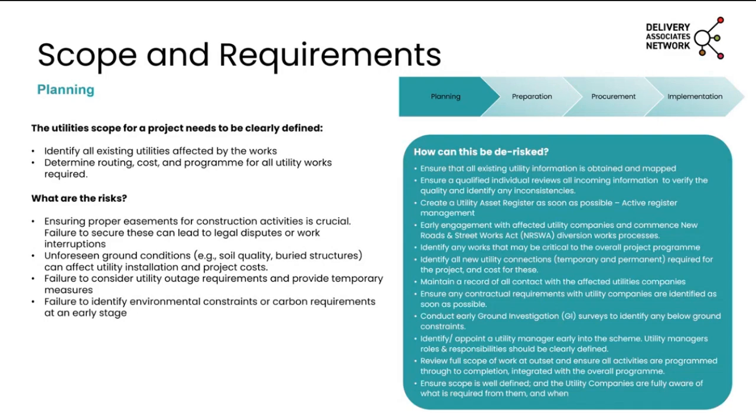However, if you're doing works that require something that sits outside of the NERSRA process, then you need to get that bottomed out with the utility companies as soon as possible, because the NERSRA mechanism is for payment, and if you're asking for something that's not covered by that, so for instance, if you're doing, say, a DCO project where you need to identify land take, both temporary and permanent, then that's not covered by the NERSRA process. So you need to agree this with the utility company and how they're going to provide you with what you want as soon as possible.